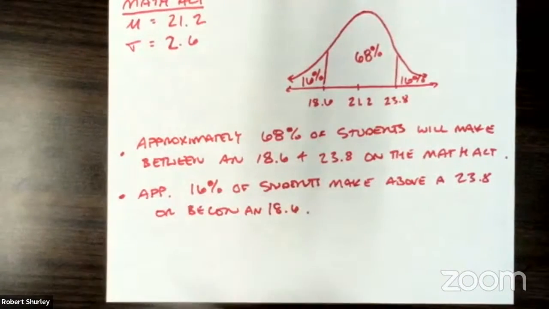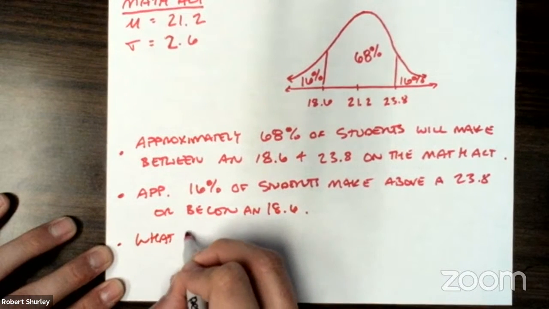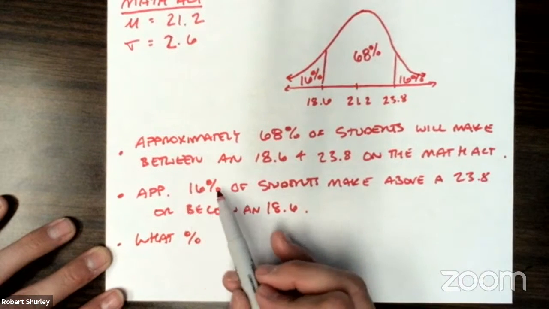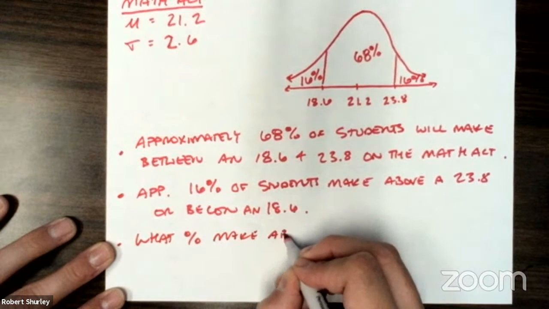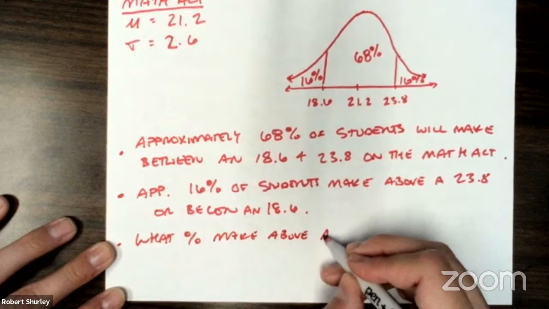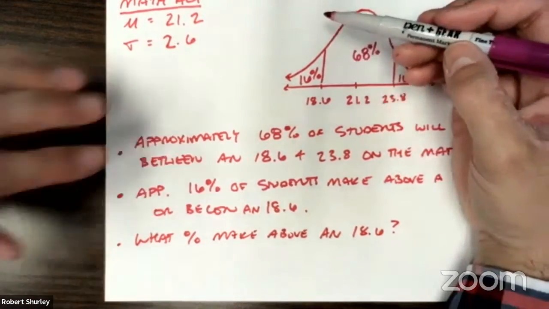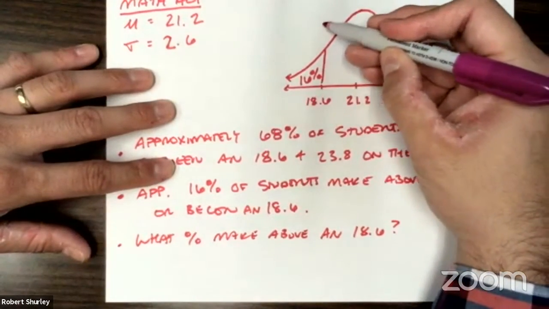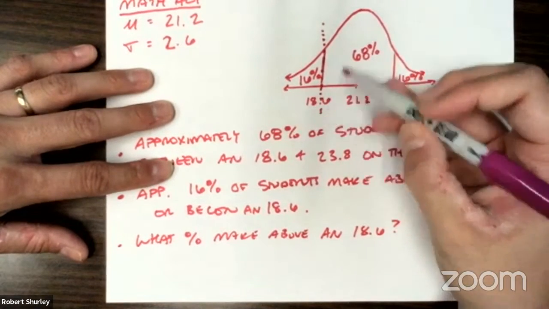Now, the question might also ask, what percent make above an 18.6? I'll write that as a question. If you use proportion, we don't write it as percentages; it would just be 0.16. But what percent make above an 18.6? Think of this as almost like a Jell-O mold, and we're going to slice it right here, because it's asking for above 18.6.